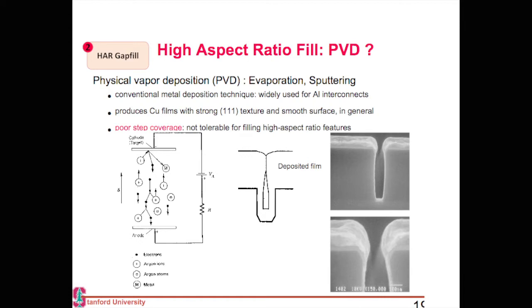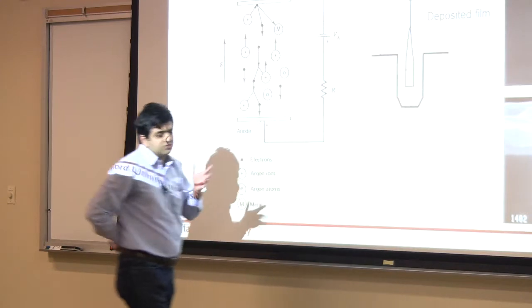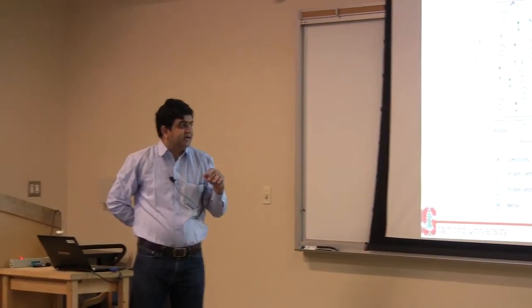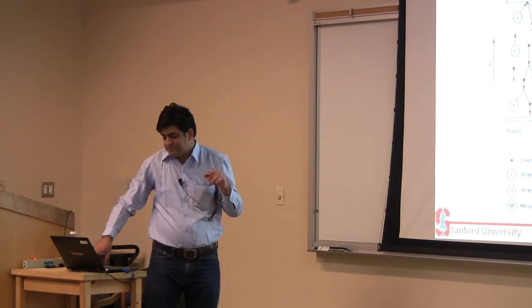So if I had a PVD process, very little will come to the bottom, and a large thickness would go on the top. It would close out very soon, and you'll get a void in between. So PVD is, of course, not the process to fill these high aspect ratio structures.